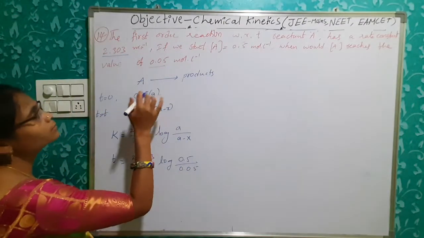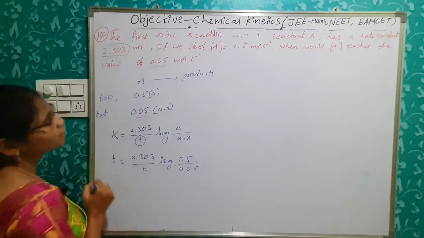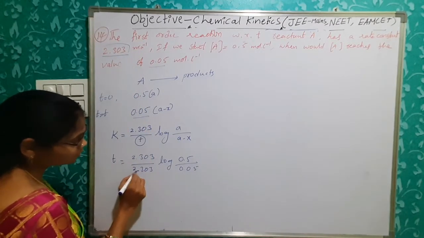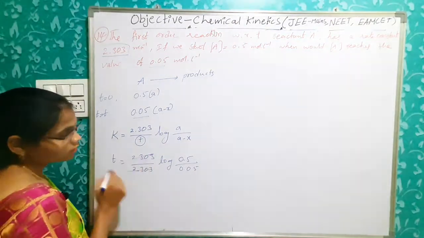K is given as the rate constant, the same value 2.303.